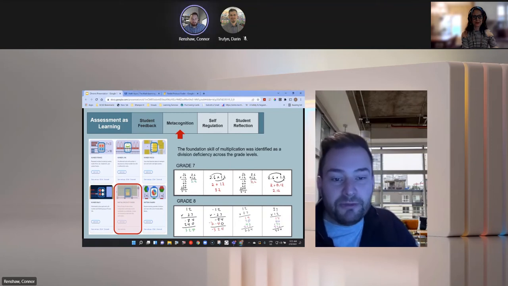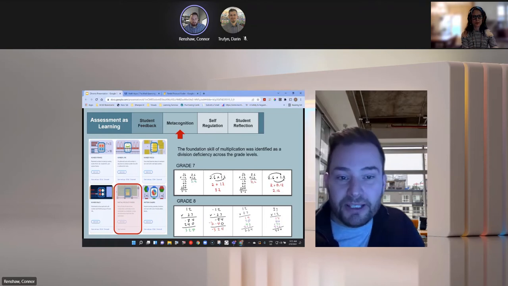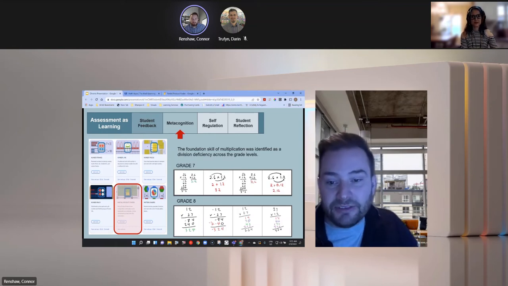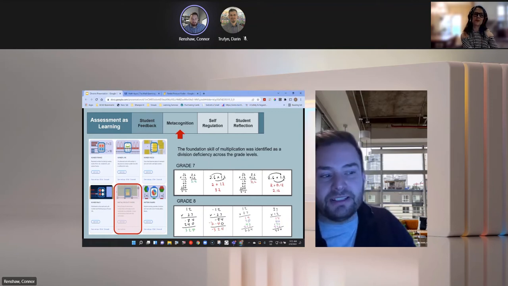And what we've seen from the data that's come back from that is that multiplication is an area that's deficient across our division. And so looking at how grade 7 students and how grade 8 students in particular are multiplying, there are some big misconceptions that exist out there in terms of how students are performing their multiplication.